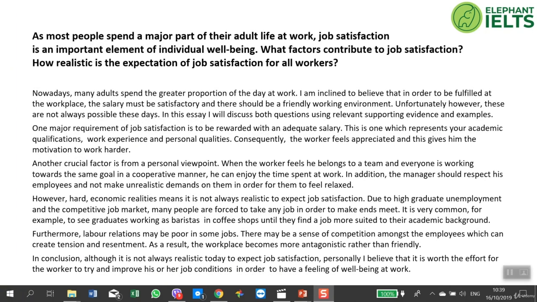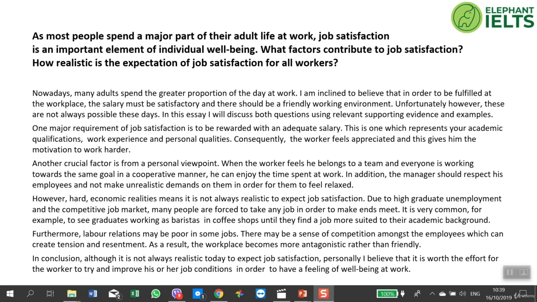Let's look at a model essay together of a 2-question type essay. As most people spend a major part of their adult life at work, job satisfaction is an important element of well-being. So you can see it begins with a statement. The questions follow.